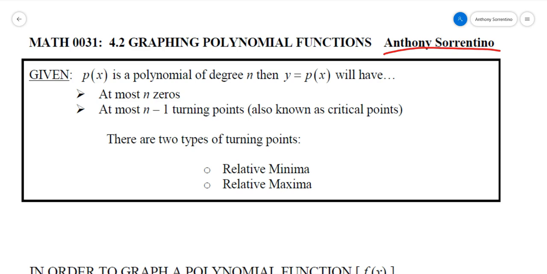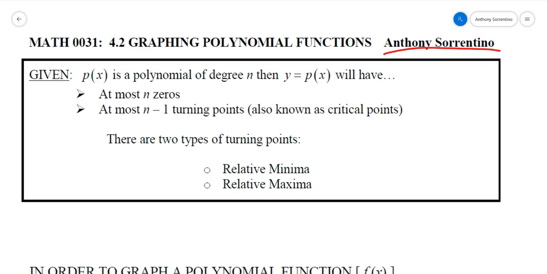We talked about some of the features of a polynomial function in the previous section, 4.1. Really not enough though to help us graph it, because graphing takes you to know specifically where certain things are going to occur, and until we get the idea of what to look for, it makes it a little bit more difficult to graph them accurately along the way.